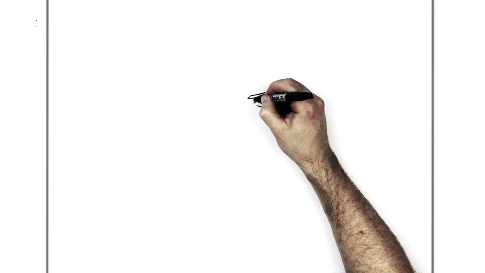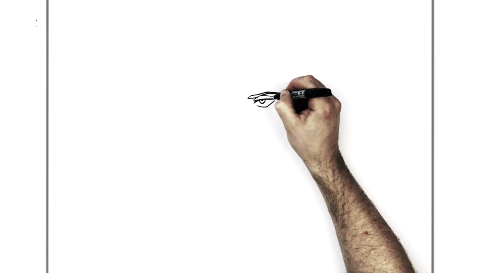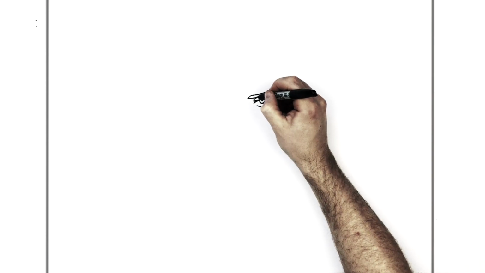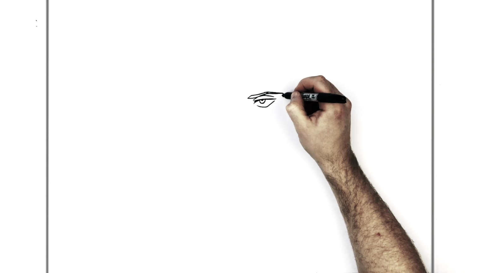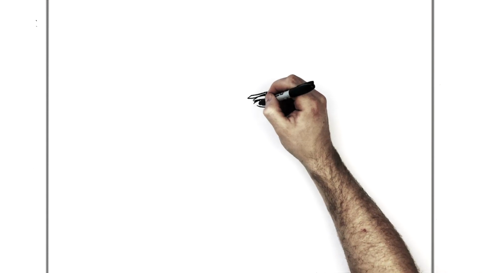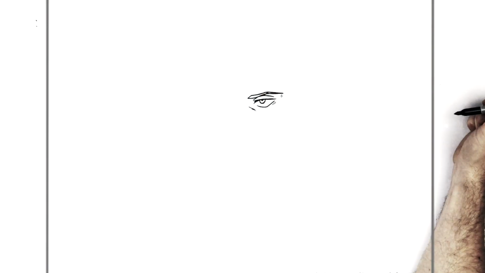Then his eyelid line you can see underneath, just in there. And he does have some texture lines for his skin and eyelids, just around the eye. They're like that.